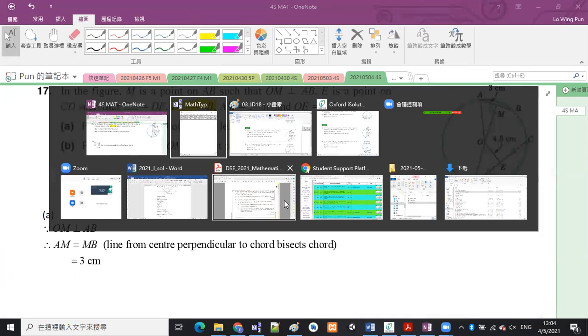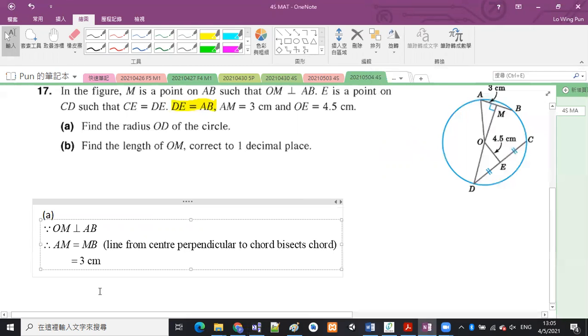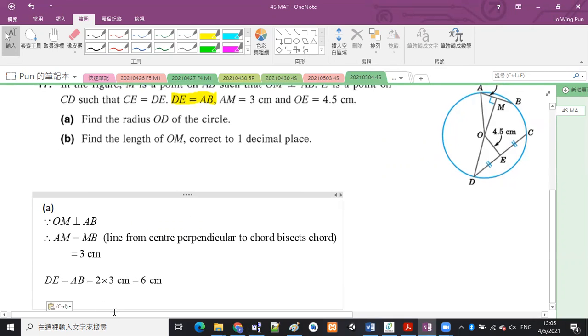So we have DE is equal to AB is equal to 2 times 3 cm, that is 6 cm. So now we have this to be 6 cm, and also EC is also equal to 6 cm, right?